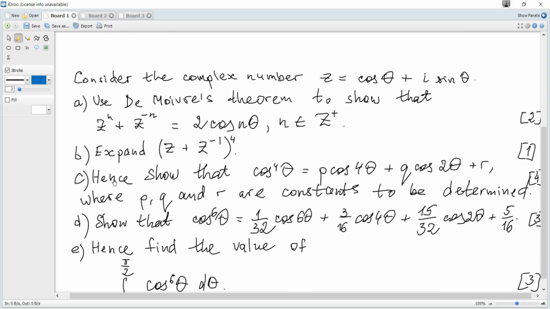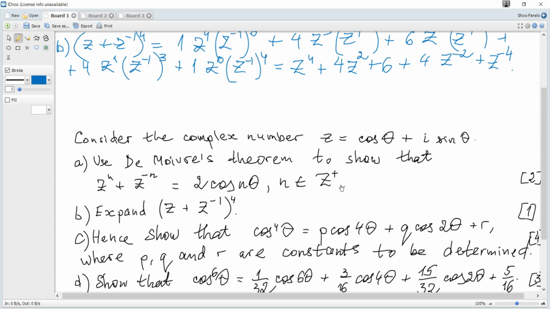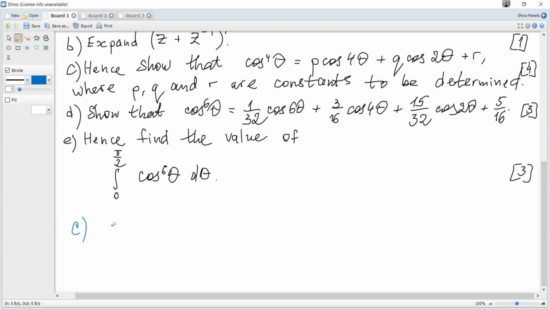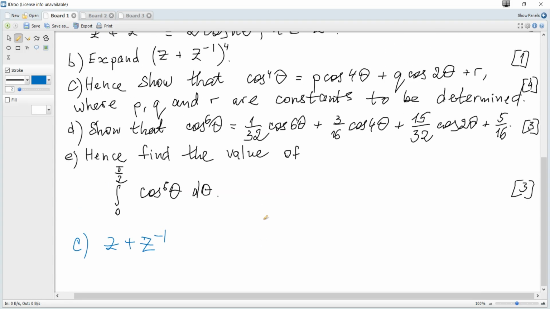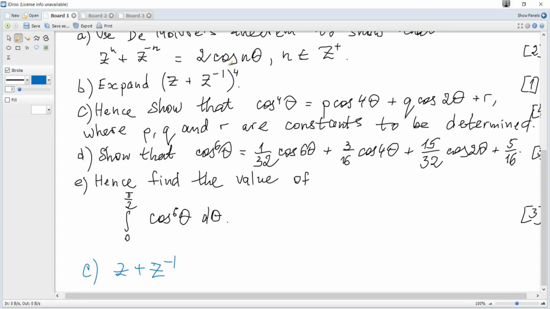Then part C: show that cosine to the power of 4 is equal to this. So let's consider z plus z to negative 1, actually using the same formula. It's 2 multiplied by cosine of 1 theta, so it's just 2 times cosine of theta, to the power of 4.